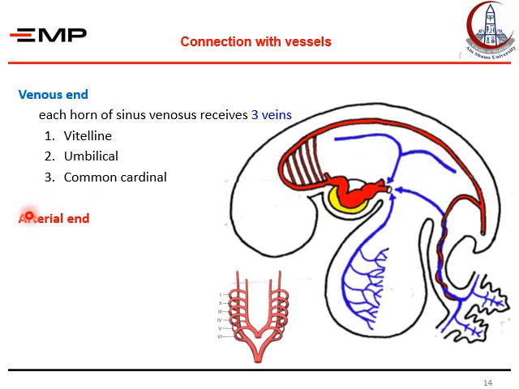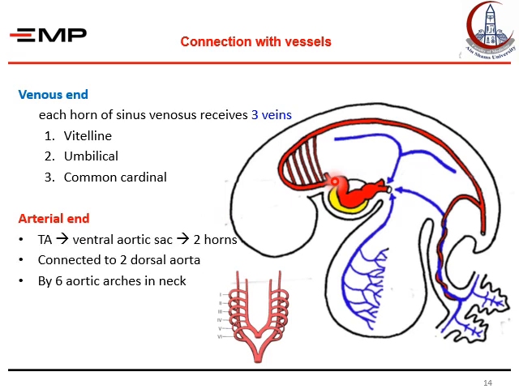In addition, the arterial end, which is the cranial end, the truncus arteriosus, establishes communication with what's called the ventral aortic sac, a blood vessel that divides into two horns, a left horn and a right horn. Each horn will be connected with the dorsal aorta by 6 aortic arches, one on each of the branchial or pharyngeal arches that develop in the neck.